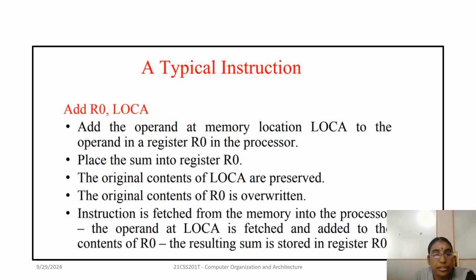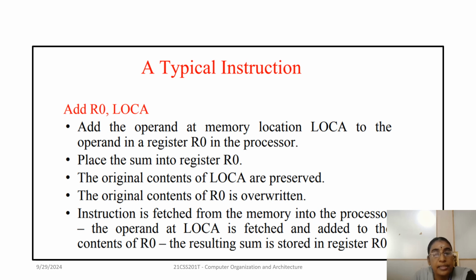LOCA is location A, which is a memory address. As per this instruction, the content of location A will be added to the register R0, and the result will be loaded in the place of R0 itself. This is the flow it follows.